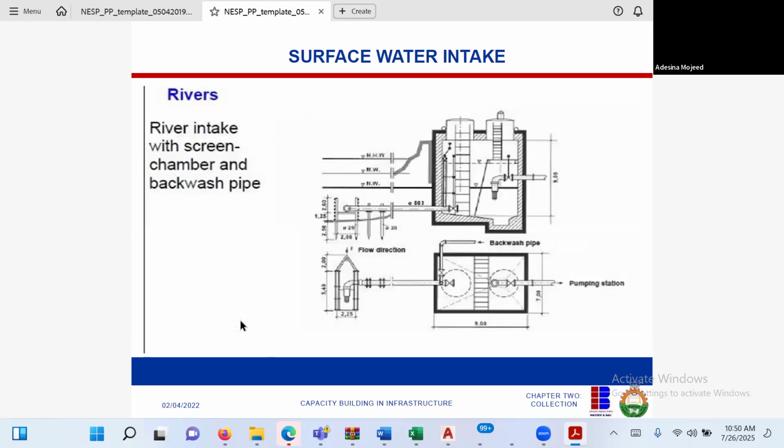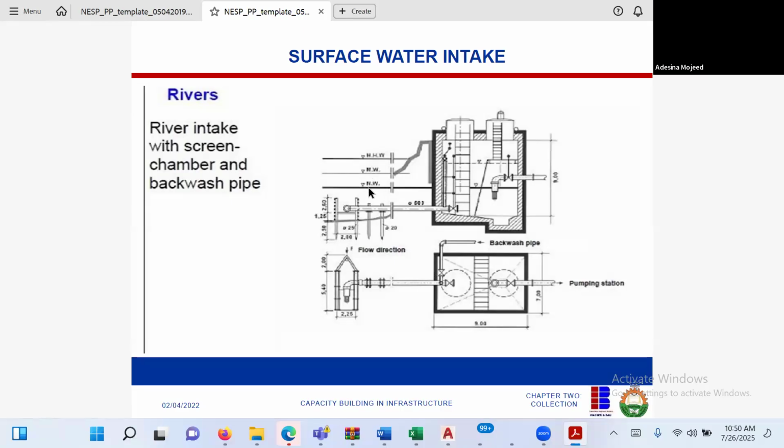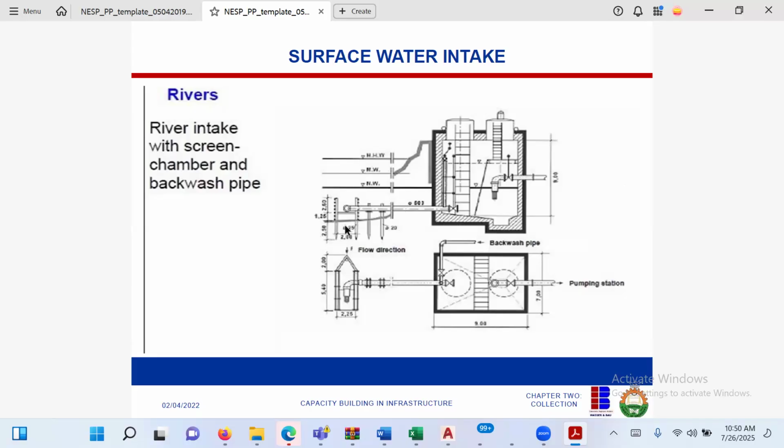So this is an example of a river intake structure. Okay, this is how the river intake structure serves. So this is the river here. This is the highest water level, lower water level, medium water level, and high water level. So here you see your intake structure, which is basically a perforated pipe, and you can see that to allow the intake structure to not be carried away by the wave of water, you pin it to the ground.